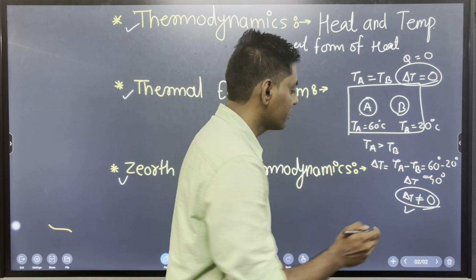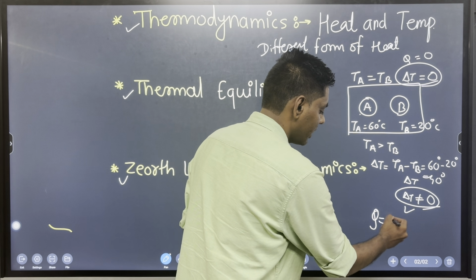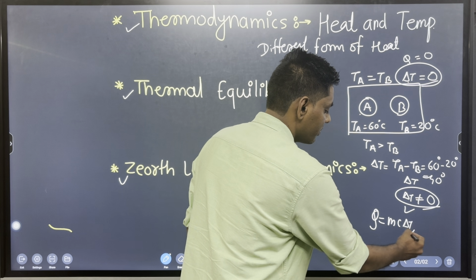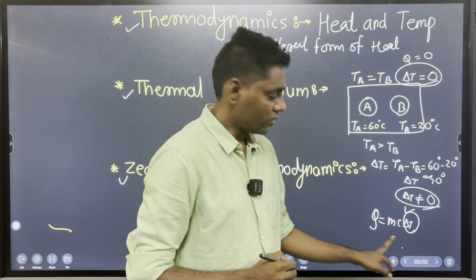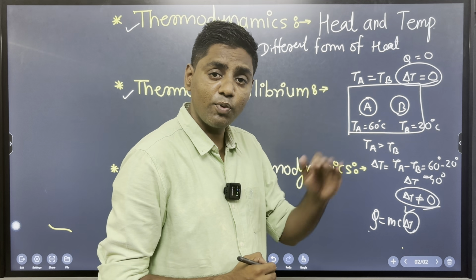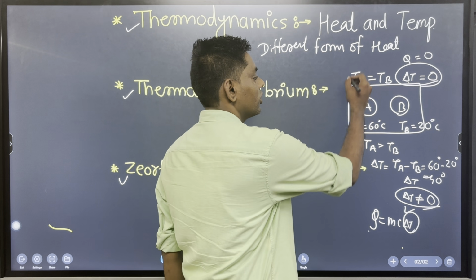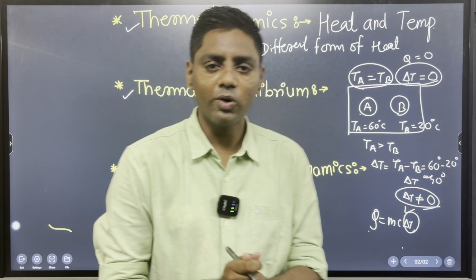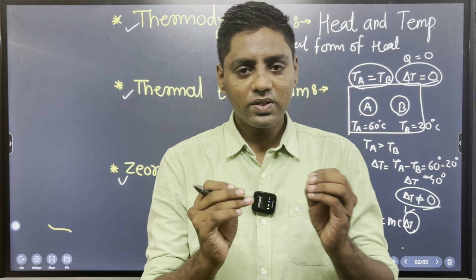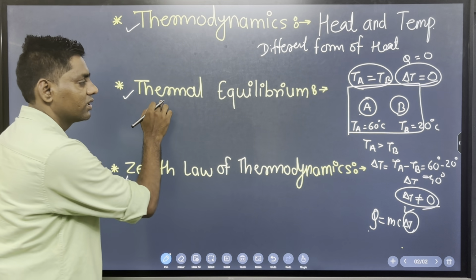If you remember the basic formula of heat, Q equals M into C into delta T, so if delta T is 0, Q is also 0. And it is possible only when the temperature of object A and the temperature of object B are the same. Now it is very easy to understand what is meant by thermal equilibrium.